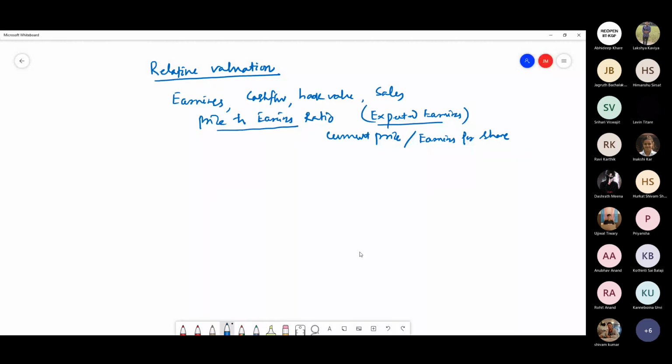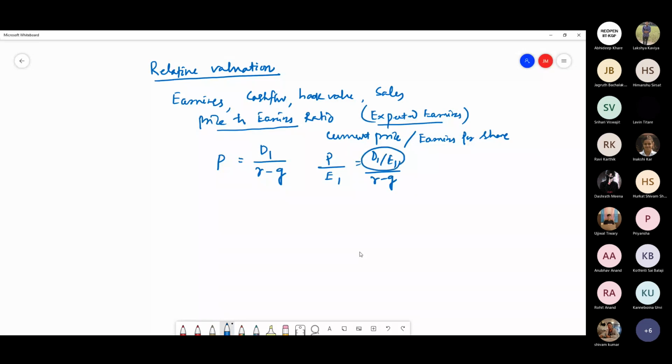In the dividend discount model, if you assume a constant growth rate of the cash flow for an indefinite period of time, then P is equal to D1 divided by R minus G. If you divide both sides by the expected earnings, you will find P by E1 is equal to D1 by E1 divided by R minus G. What is this D1 by E1?